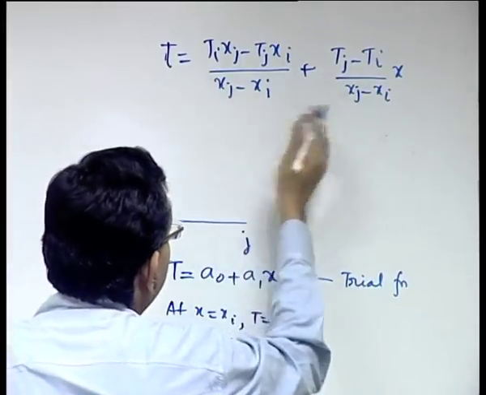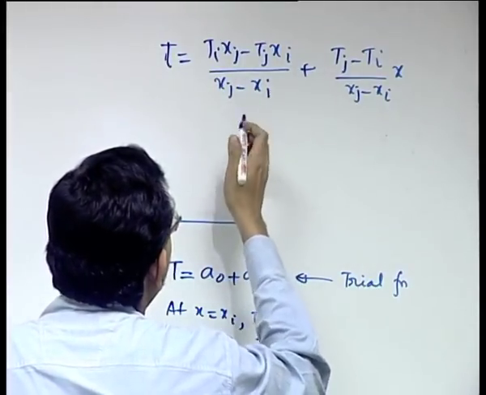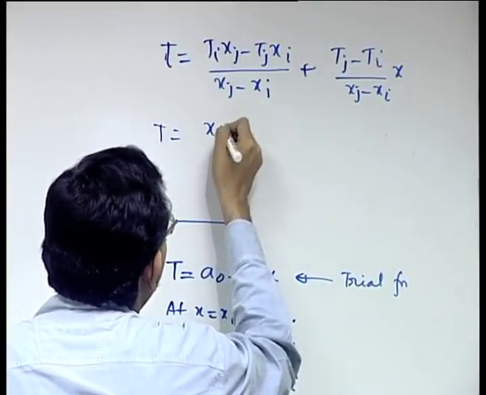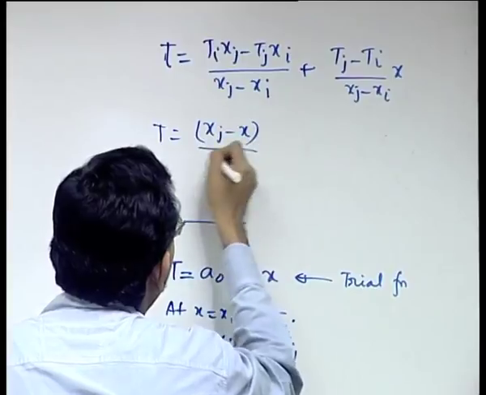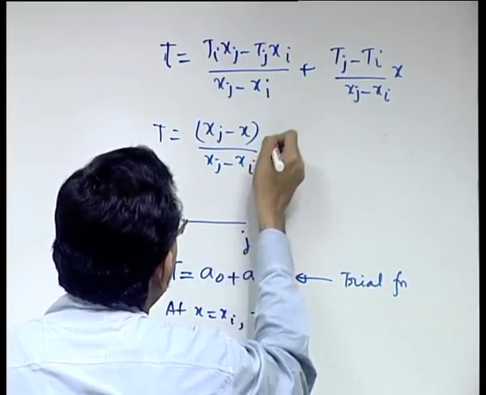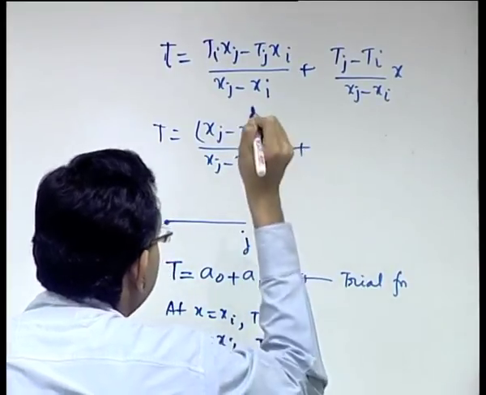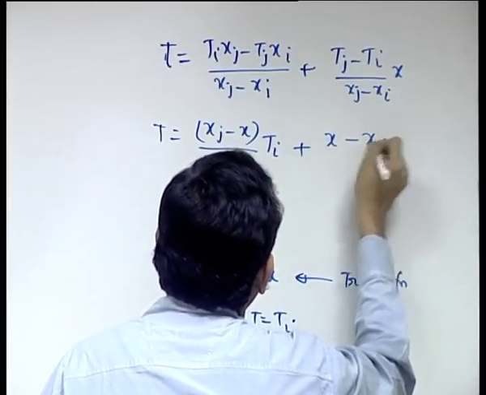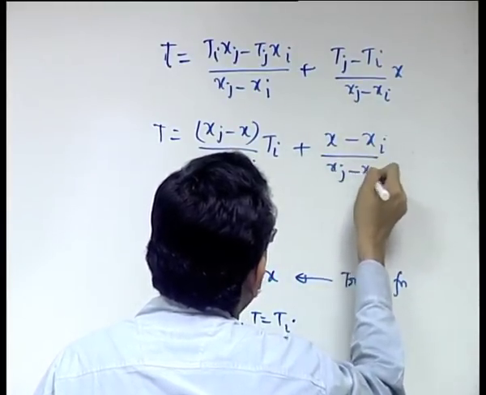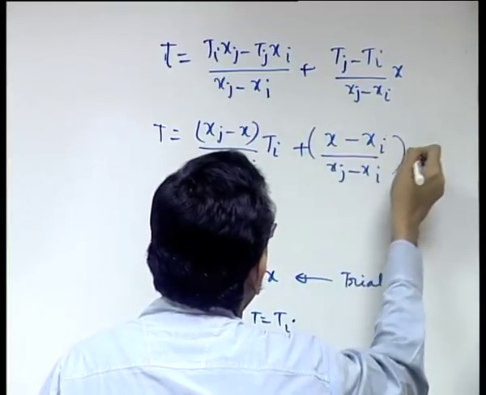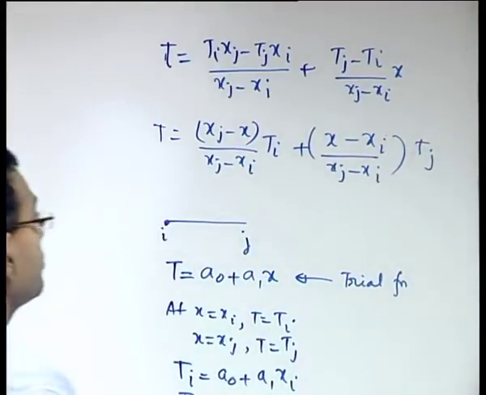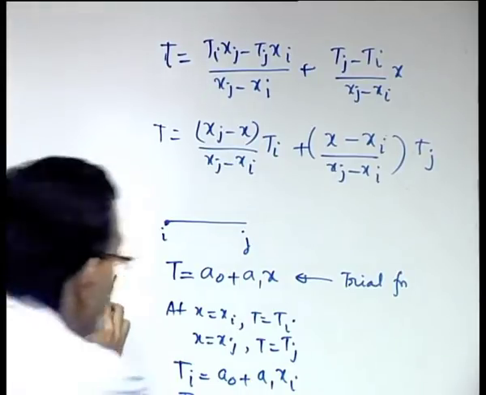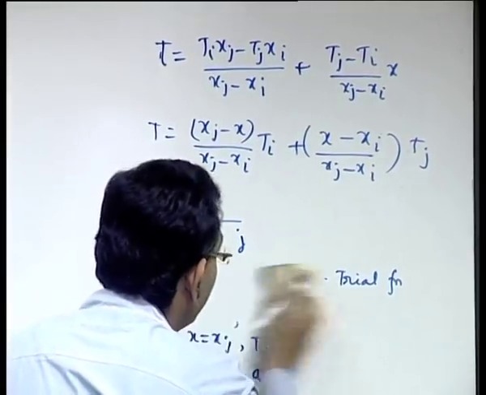So, you can collect the terms with Ti and Tj. So, T you can write as (xj minus x) by (xj minus xi) Ti plus (x minus xi) by (xj minus xi) Tj. Okay. This is the form that eventually we need to keep in mind.